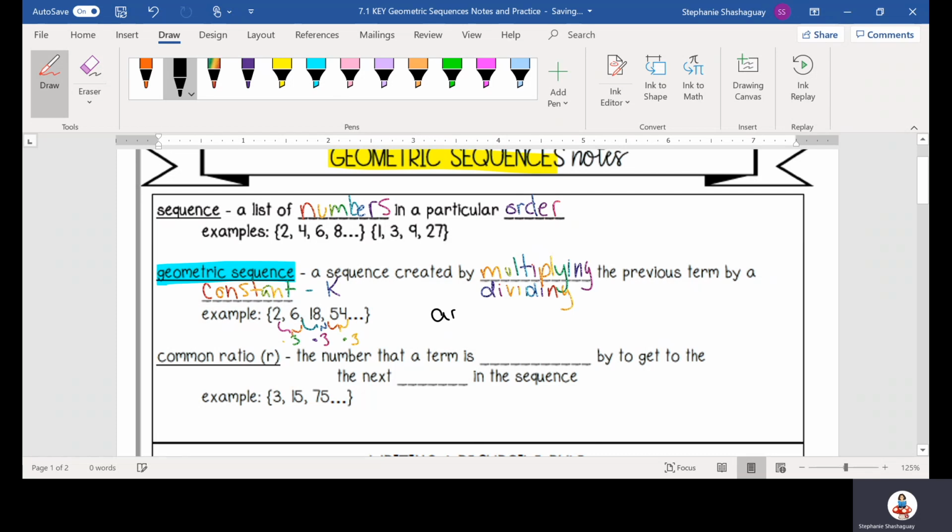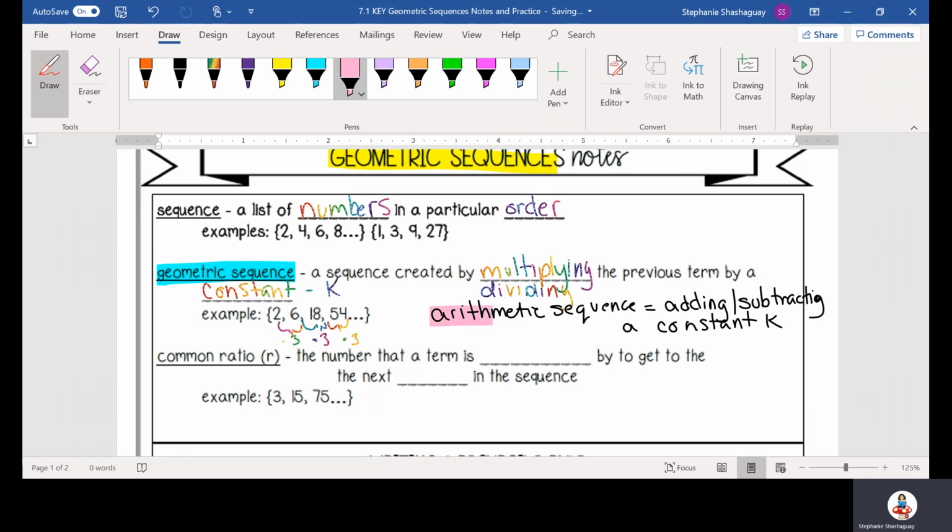So remember that an arithmetic sequence is like a geometric sequence, but it's created by adding or subtracting a constant K. So we have geometric and we have arithmetic sequences.